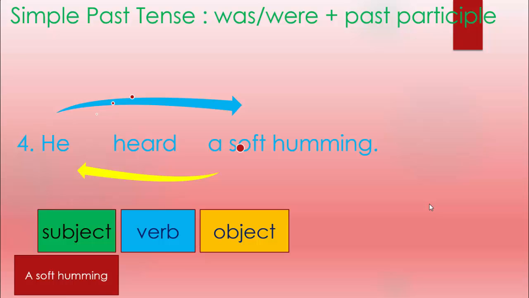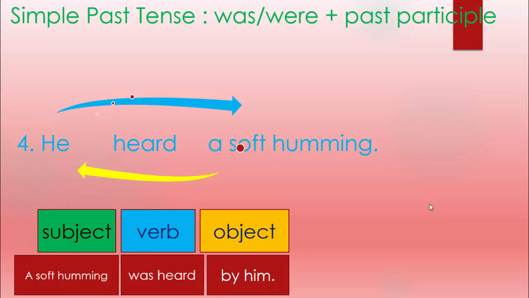Then I take was from was, were, then past participle of heard, that is also heard, then by, and he becomes him. So the sentence is a soft humming was heard by him.